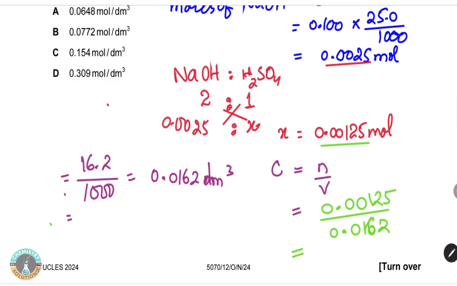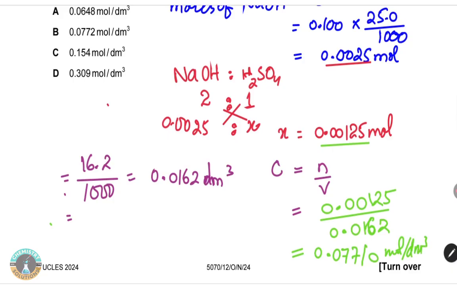The answer is 0.07716 mole per decimeter cube.